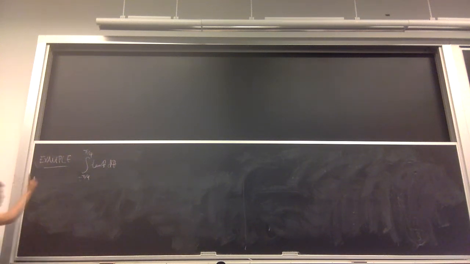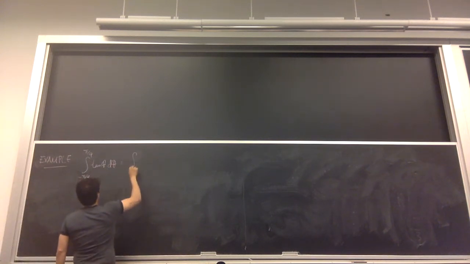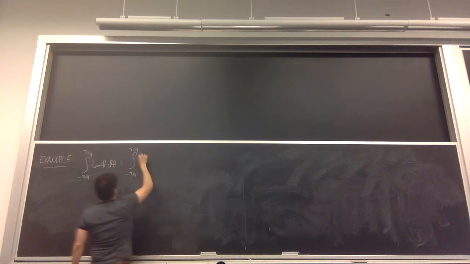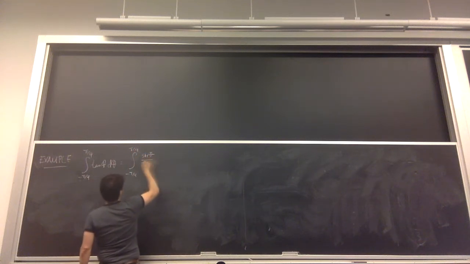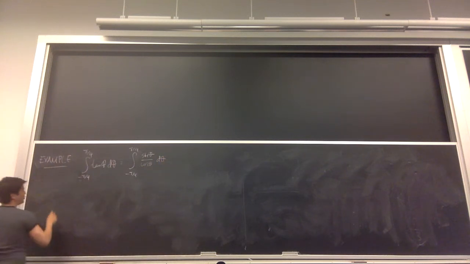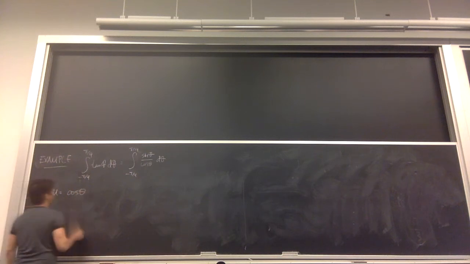All right, watch. So this is going to be equal to the integral from minus pi quarter to pi quarter of sine theta over cos theta, d theta. I'm going to do the following substitution. I'm going to say u is equal to, I think I picked cos theta. The other one would have been fine as well.